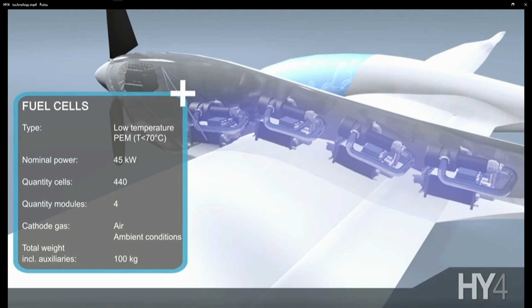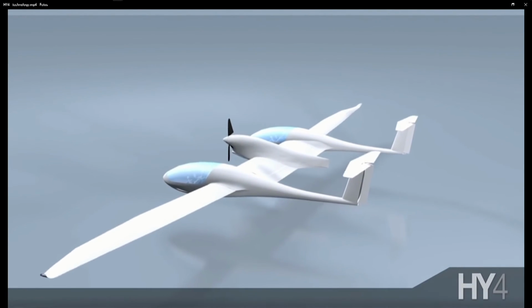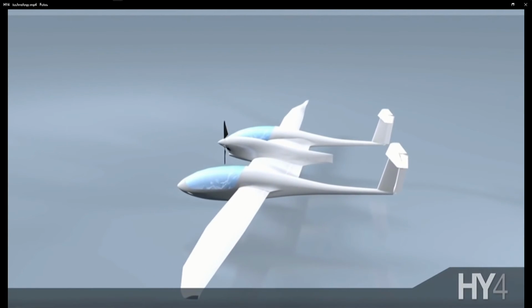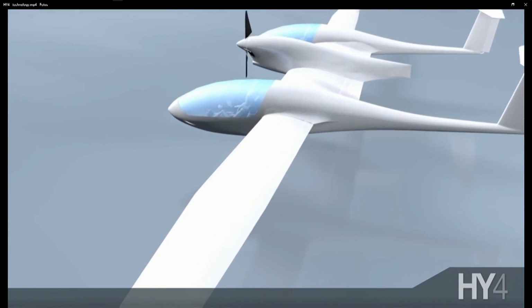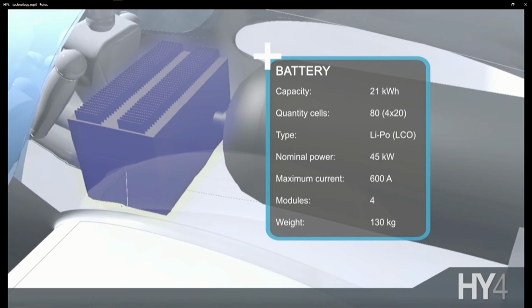We use here 4 smaller fuel cells, each with a little bit more than 11 kilowatt of power output, together with 2 hydrogen tanks and 2 batteries, as shown here. The batteries are lithium polymer type, with quite an impressive current of up to 600 amperes.